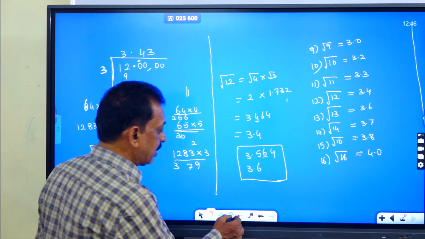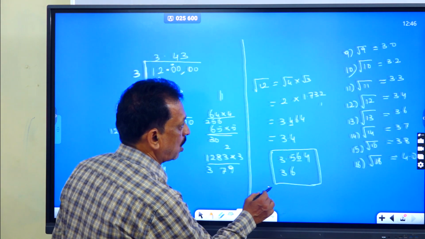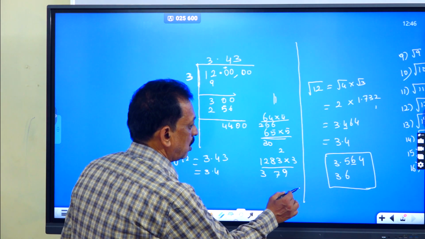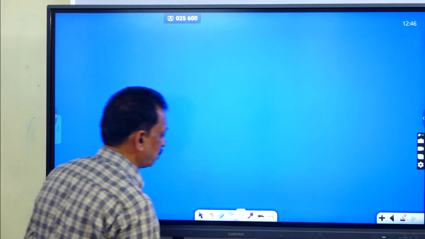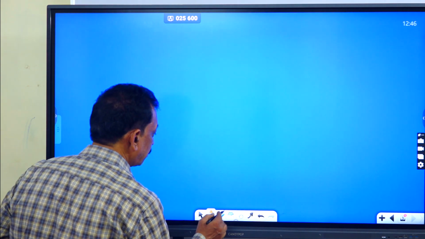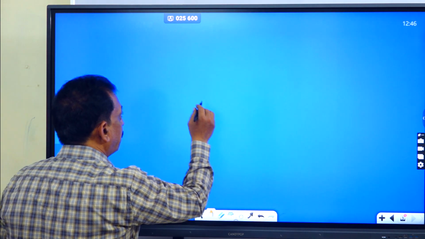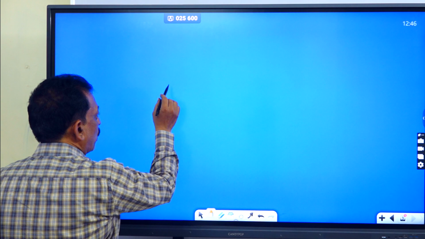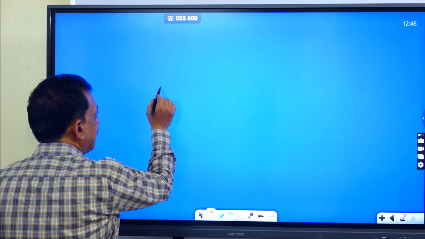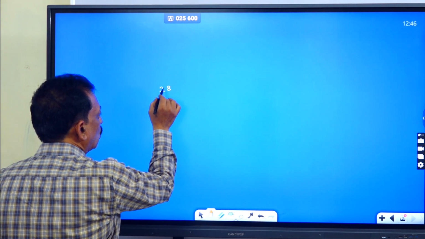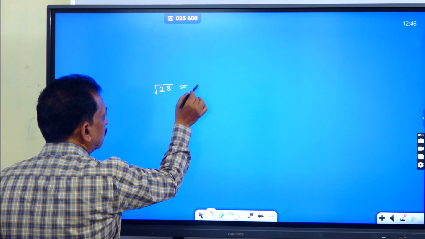Next one I said, logical finding of the roots. How to find it logically? For example, I want to find the square root of 28. What is the value?